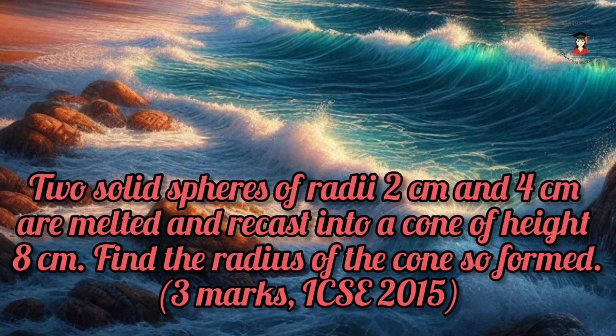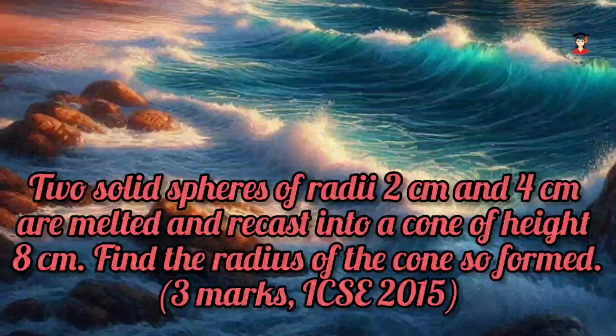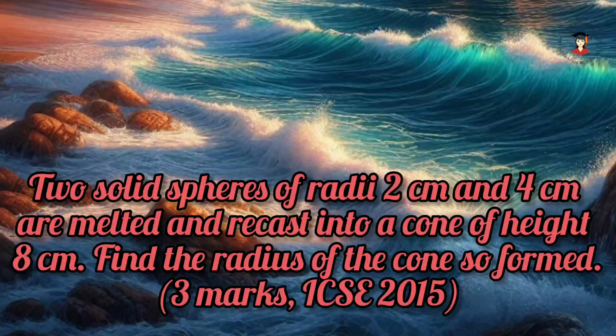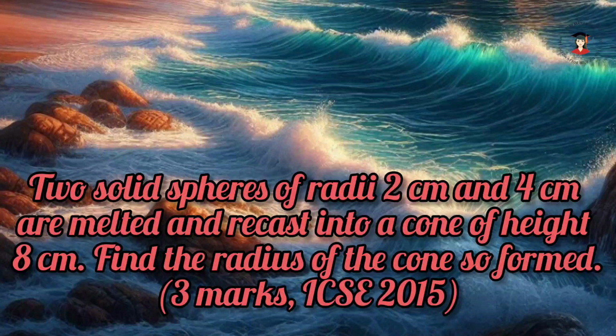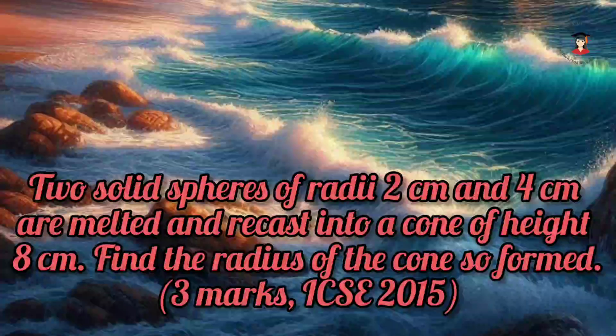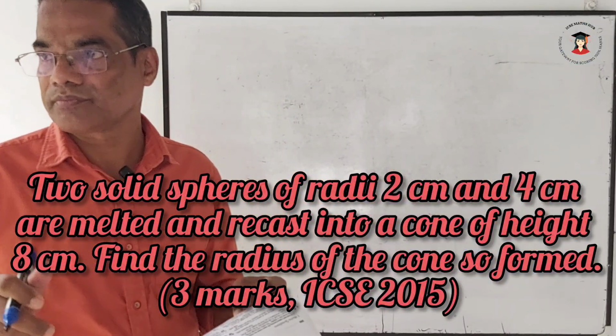So the volumes of the two spheres should be equated to the volume of the cone. Volume of cone contains R and H. H is given, therefore R can be found out by equating the volumes.